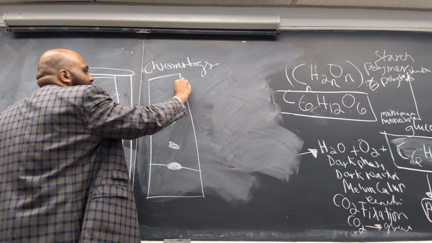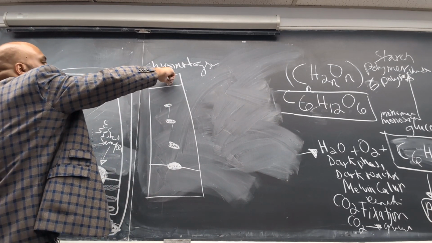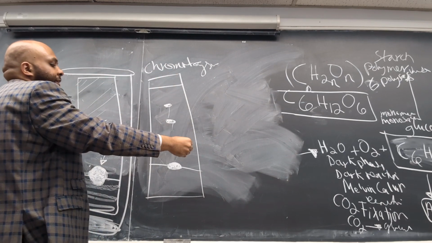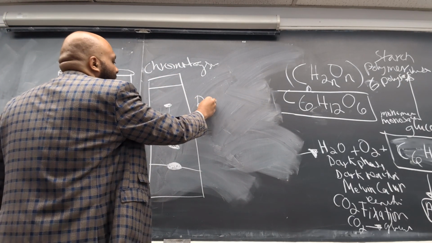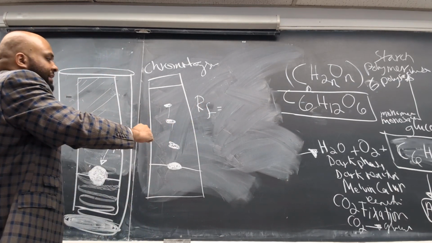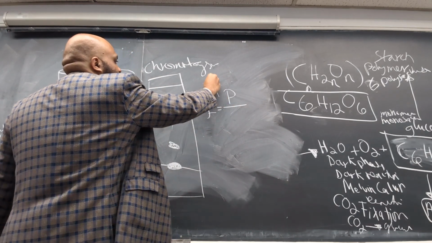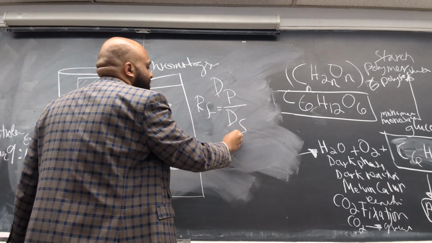Then when your solvent reaches the top, you're going to open your flask and get out the chromatography paper, and you're going to dry it. Then you're going to calculate the RF. The RF is the distance traveled by the pigment, divided by the distance traveled by the solvent.